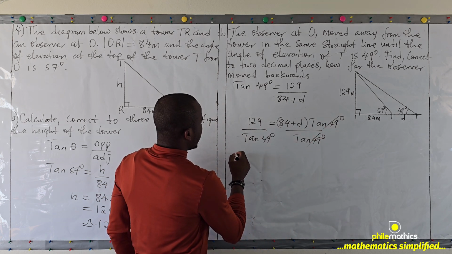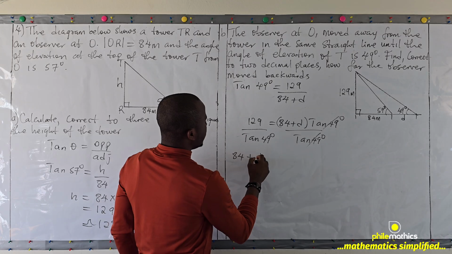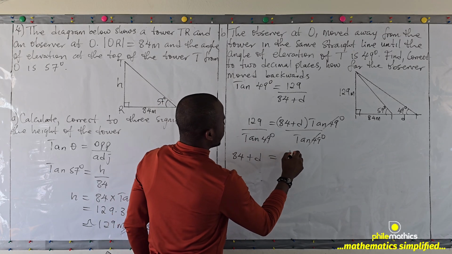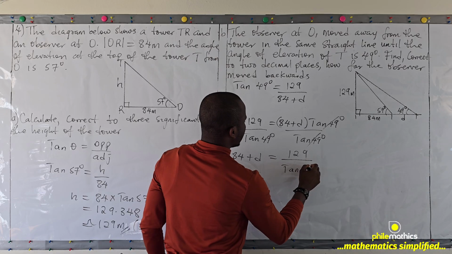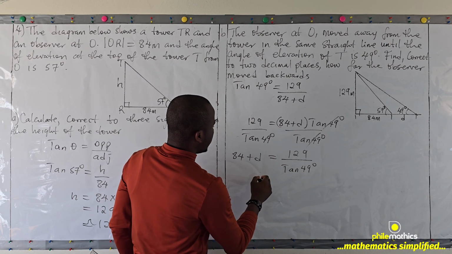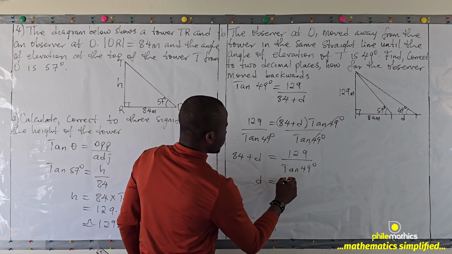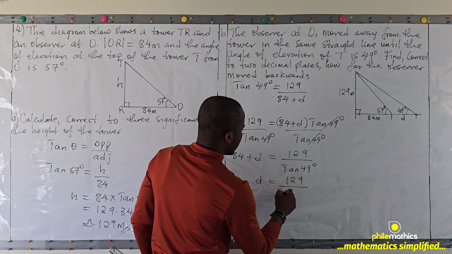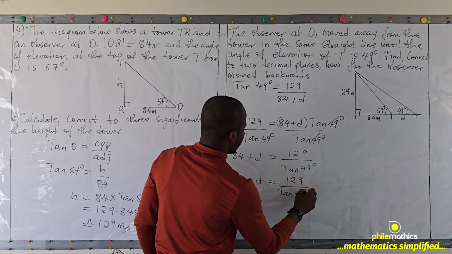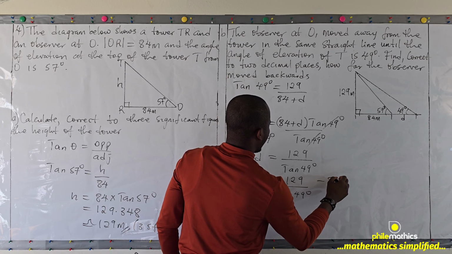And so 84 plus D is 129 over tan 49 degrees. And D that we are looking for is 129 over tan 49 degrees minus 84.